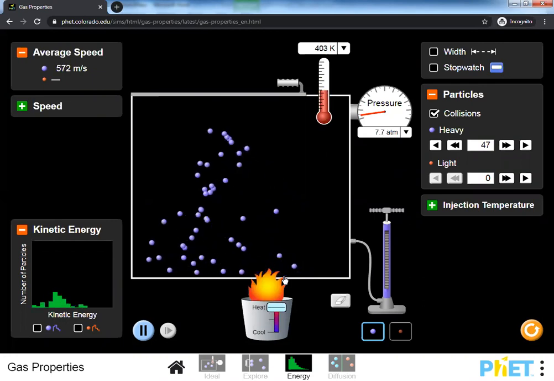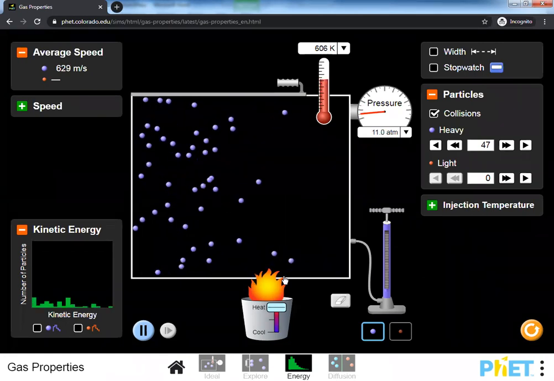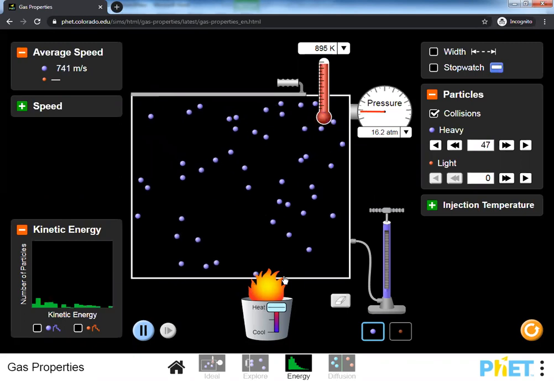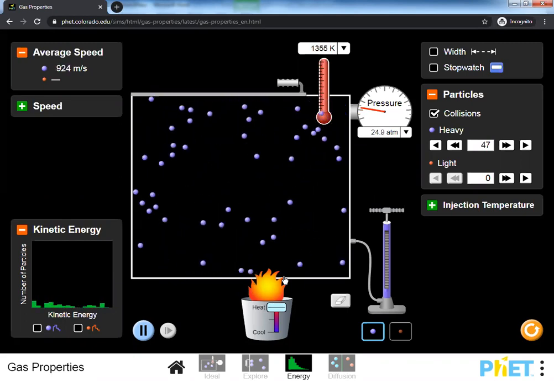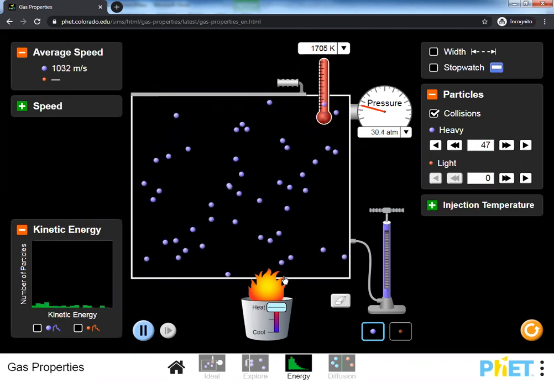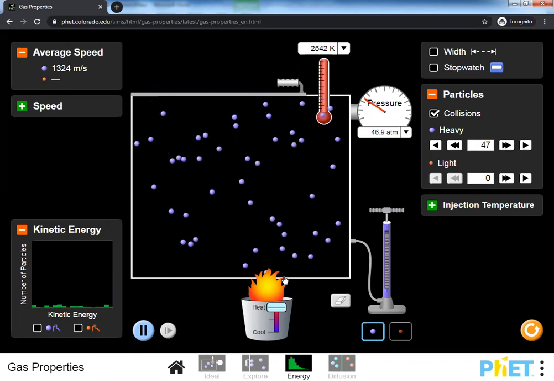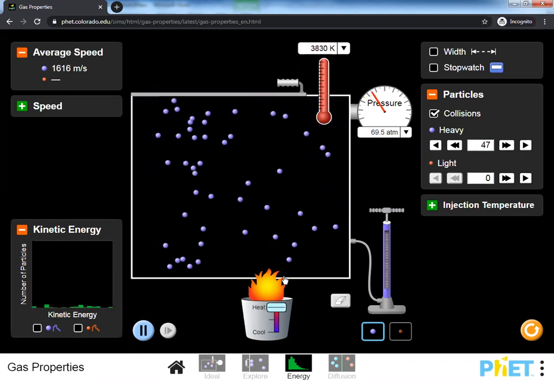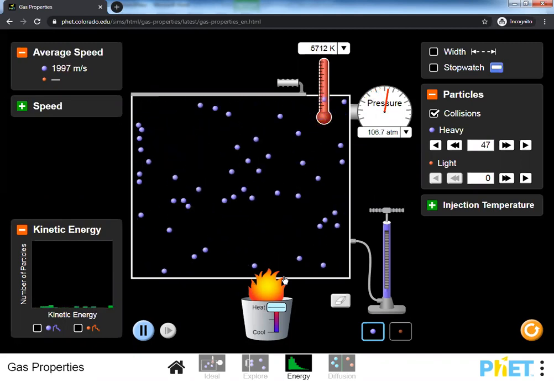So we're going to increase the temperature, and you're going to see how when things are moving very fast, they don't have enough time for them to actually attract each other. They're moving very, very fast. They zip by, they can barely feel each other. So that's why we say at high temperature, it doesn't apply. It behaves more like the ideal gas law.